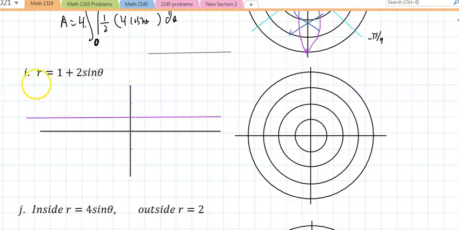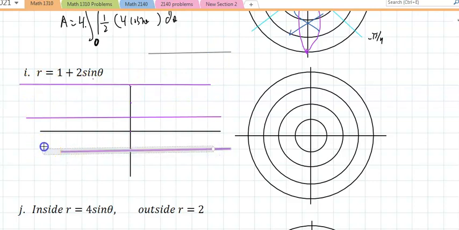So we have r equal 1. 2 units above, that's r equal 3. 2 units below 1, r equal negative 1. And a graph of a sine wave starts on the amplitude and the origin, runs up to the amplitude, back down, and there it is.